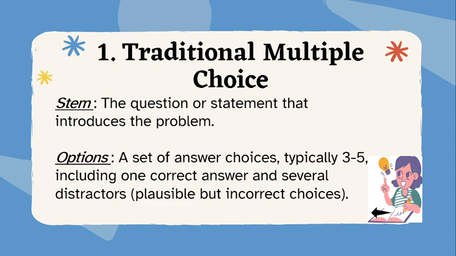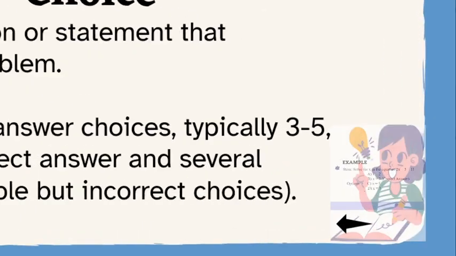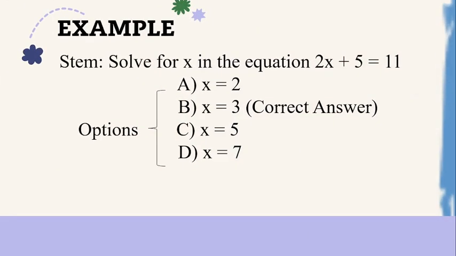So the most common traditional multiple choice we know typically has four options, from A to D. During an exam or a test, our teachers usually give us a multiple choice type of test wherein we are going to pick only one correct answer among the choices. So here is an example of a traditional multiple choice.